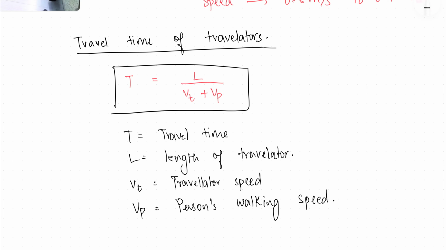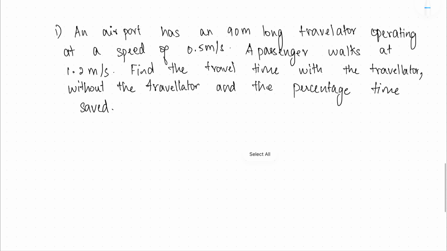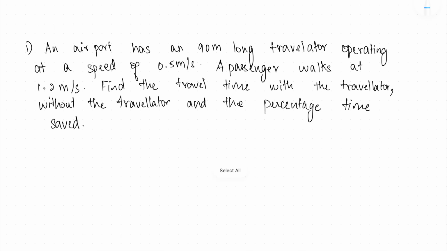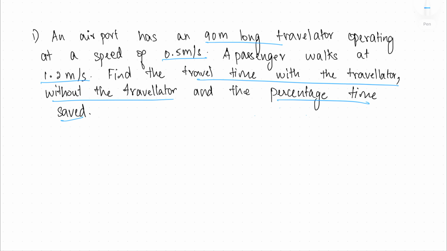Now let's see one sum based on travelators. An airport has a 90-meter long travelator operating at a speed of 0.5 meter per second. A passenger walks at 1.2 meter per second, and they're asking us to find the travel time with the travelator, without the travelator, and the percentage time saved. So they're asking us to find three things basically. Now let's write down the formula first.